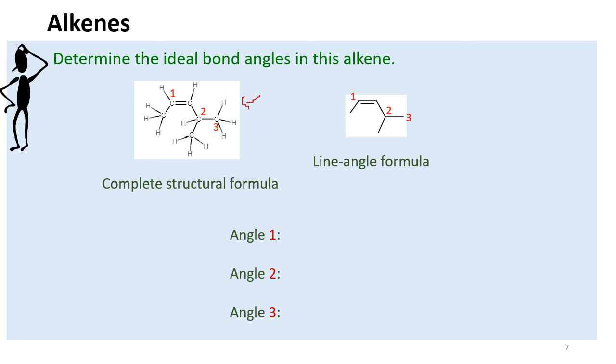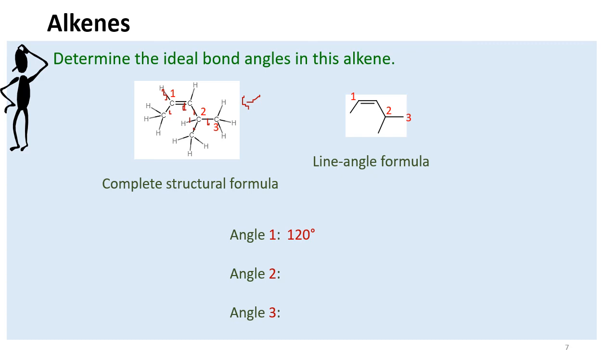For carbon 1, we have 1, 2, 3 regions with electrons. That's if there's a double bond to one of the carbons, that means we're going to have a trigonal planar geometry, and those angles are 120 degrees. If we look at carbon 2, I'm just going to do little checks because it'll get too messy if I try to write numbers. 1, 2, 3, 4 electron regions.